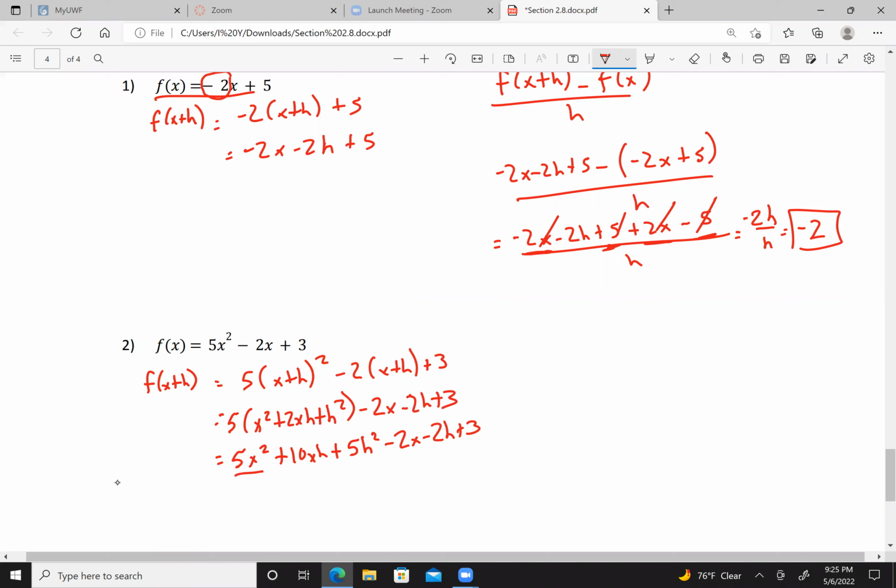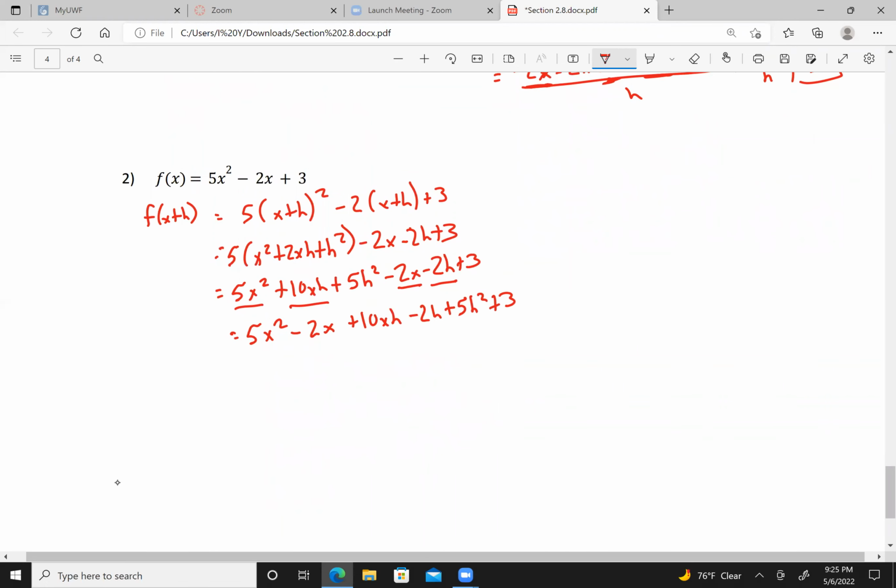We have 5x squared, minus 2x, plus 10x times h, minus 2h plus 5h squared plus 3. And now here's where we get nasty. So now I want the difference quotient, which is f of x plus h minus f of x all over h.